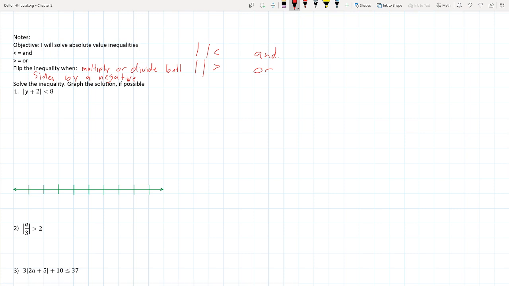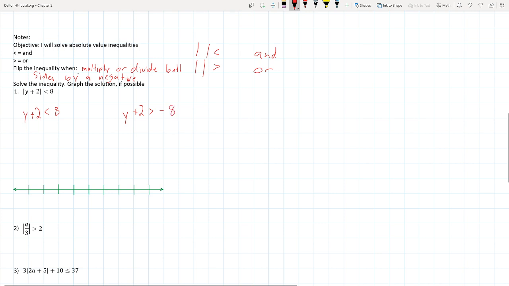You may remember from when you did absolute values back in the previous chapter, we take a different approach in that we're going to do both a positive and negative value of this. And so what we get is y plus 2 is less than 8. And then we also effectively multiply the whole thing by a negative, and we get y plus 2 is greater than negative 8.